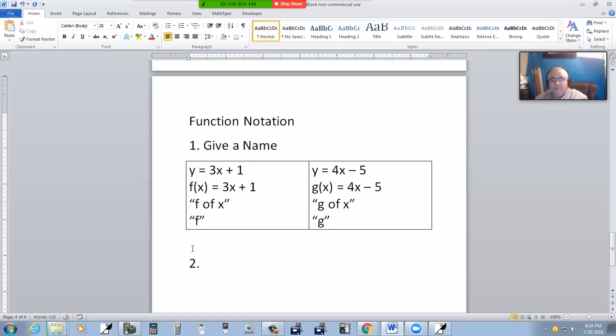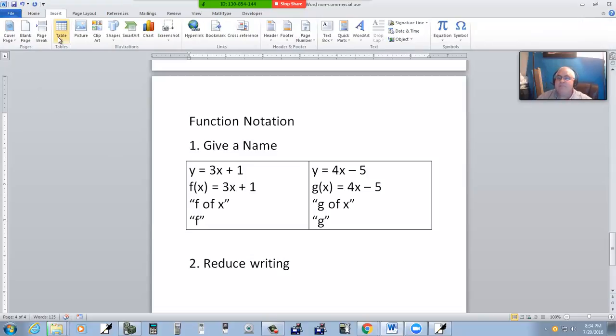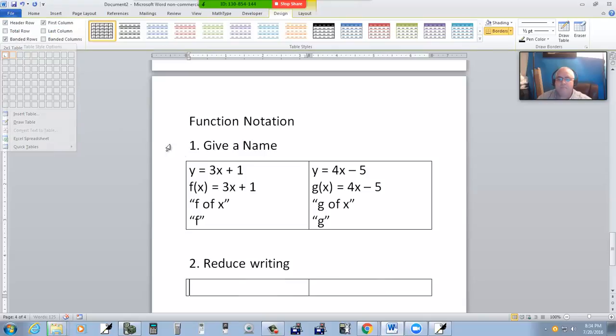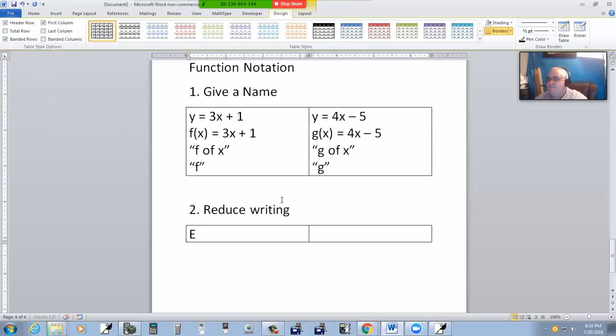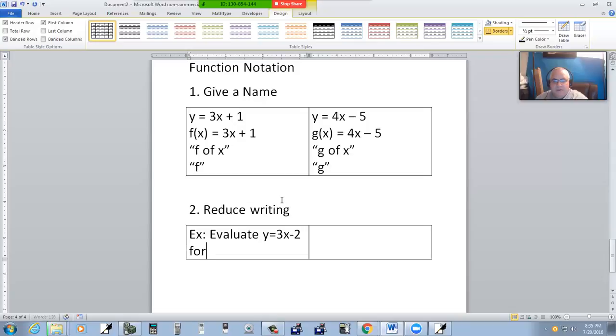Now our second purpose for function notation is to reduce writing. And let me show you an example to see what I mean. Let's say you had a problem that said evaluate y is equal to 3x minus 2 for y when x is equal to 5.